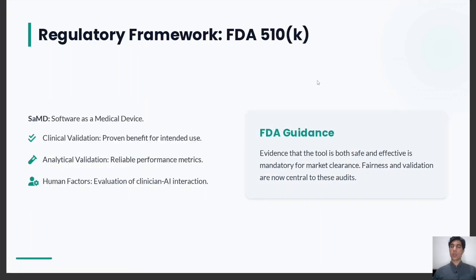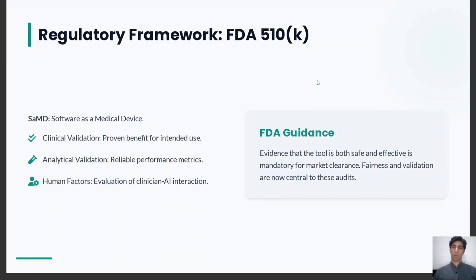Then there are regulatory frameworks like the FDA 510(k), which is not only an ethical requirement but also a legal requirement. This framework treats our model as software as a medical device, and it must have clinical validation, analytical validation, and human factors, which is the evaluation of clinician-AI interaction.